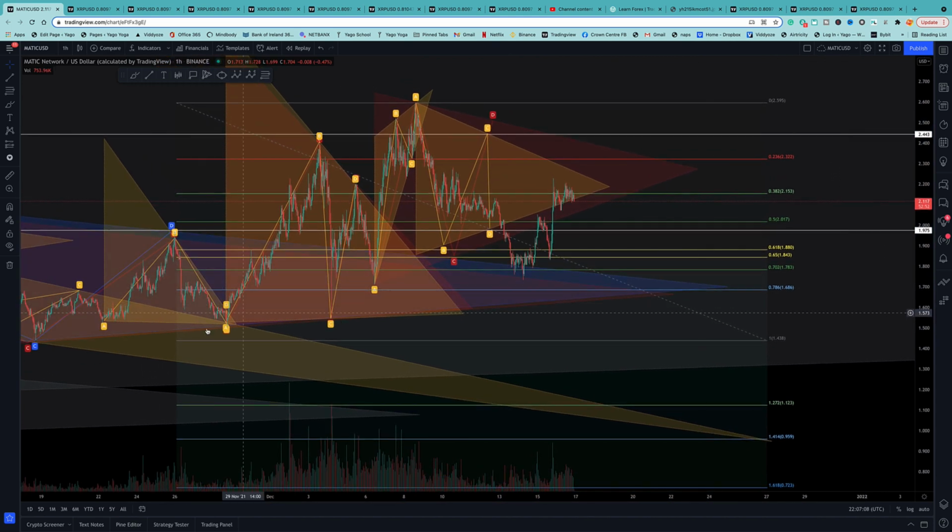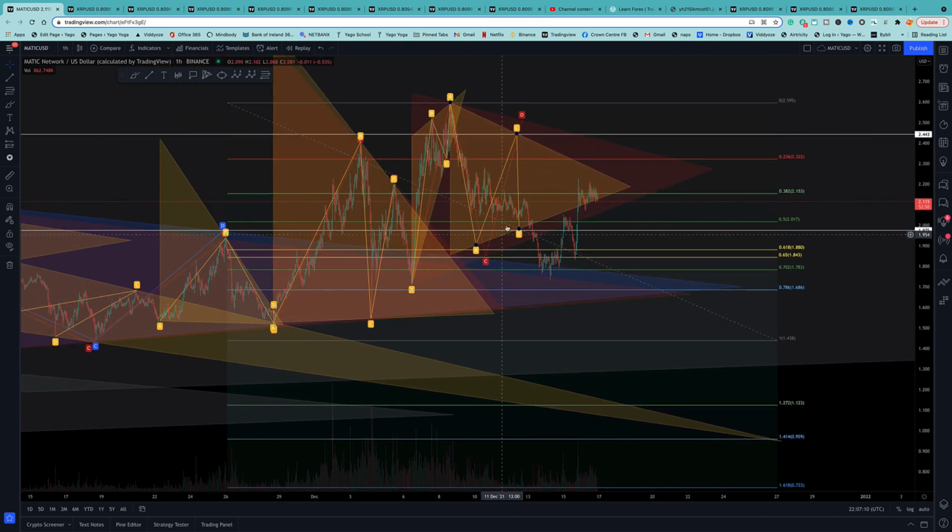So now doing it from here, you can see you hit the golden pocket. It came down to the 702, but it didn't make the 768. So now I think I need to tidy this screen up a little bit.